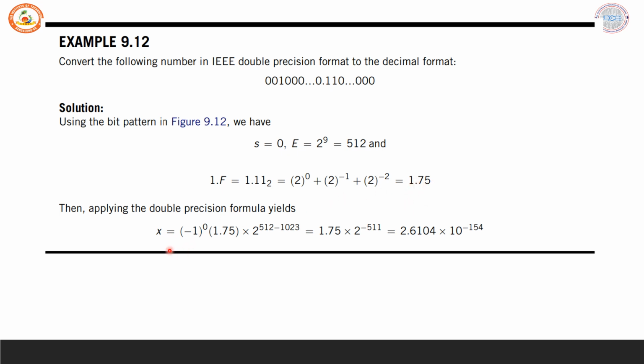So using the conversion formula, we do the substitution. The value is going to be 1.75 into minus 1 to the power of 0 because the number is positive, and the exponent 512 substituted here will give the answer as minus 511. This can be adjusted and the result ultimately you will get is something like this.